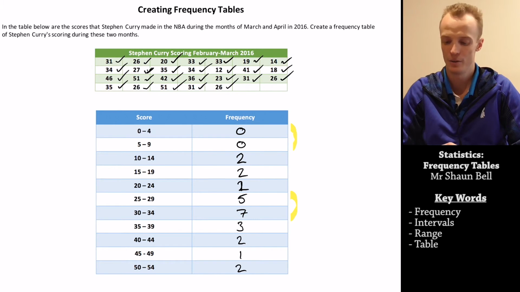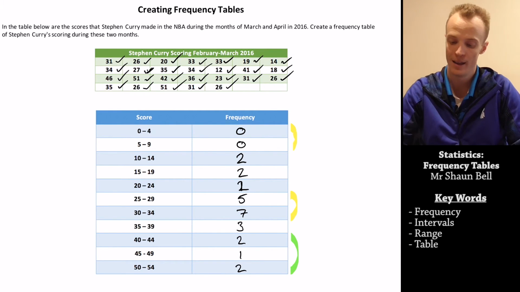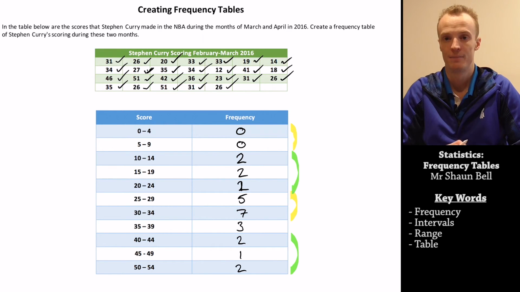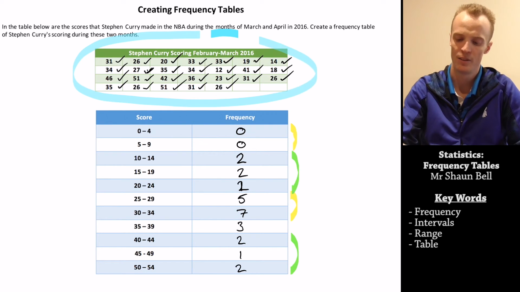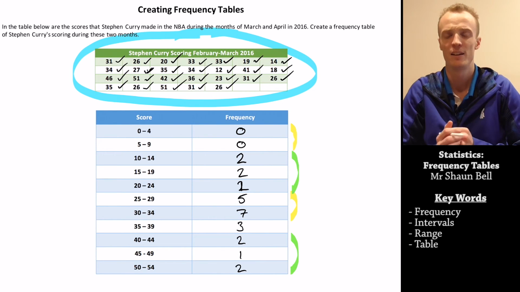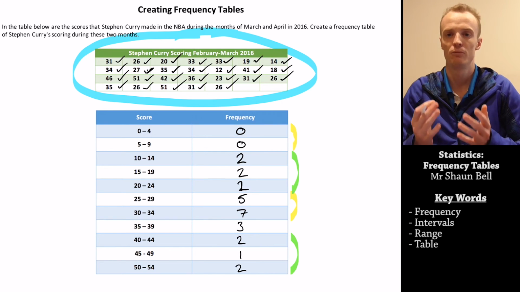And finally, I can also see that he nearly has, not quite, but nearly has as many games scoring 40 or more as he does have scoring 24 or less. So as you can see, a frequency table makes this data, which wasn't quite as easy and clear to read, much easier to read and draw some information out of.